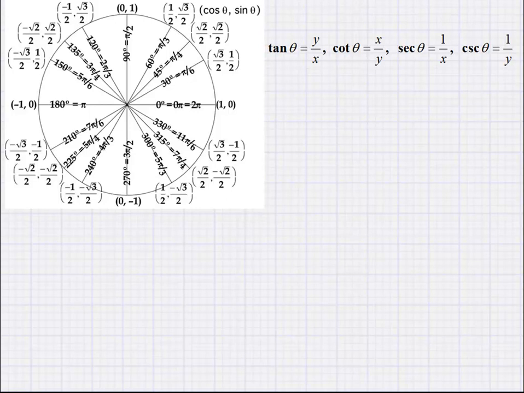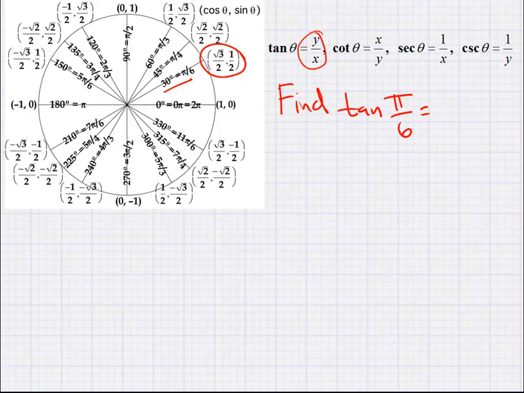So if I said find the tangent of pi over 6, well, here's pi over 6. Here's the point that goes along with pi over 6. Since I know that tangent is y over x, tangent of pi over 6 is going to be the y coordinate, which is 1/2, divided by the x coordinate, which is square root of 3 over 2.